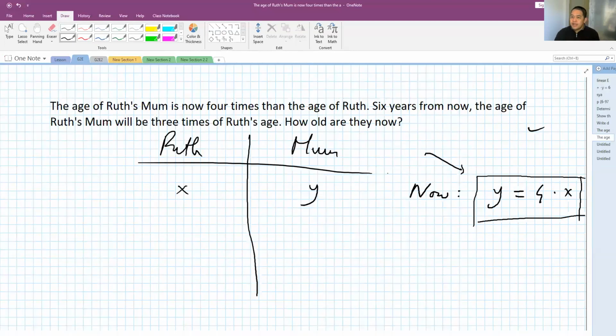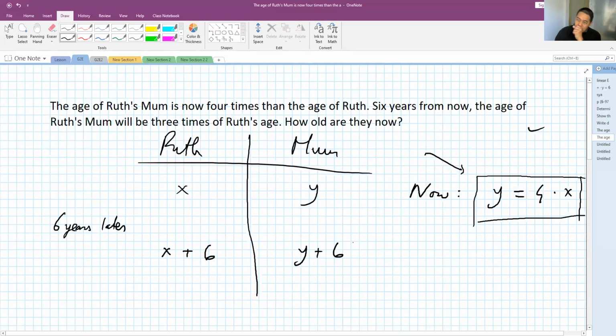Now, when we talk about 6 years later, they will give you something like this. So X, the age of Ruth plus 6, and then the age of mom will be Y plus 6.